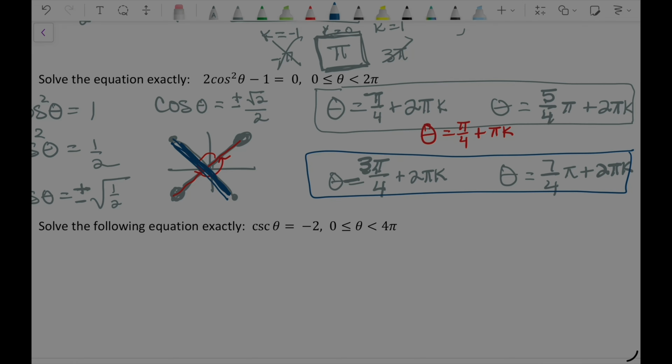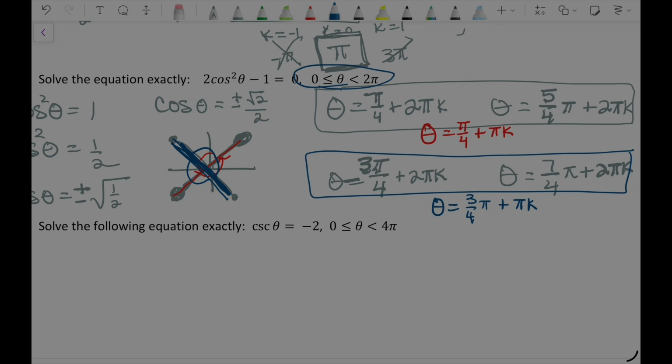So I could say 3/4 pi plus pi k, which is half a cycle later. Now, specifically, they want the ones that are from 0 to 2 pi only.